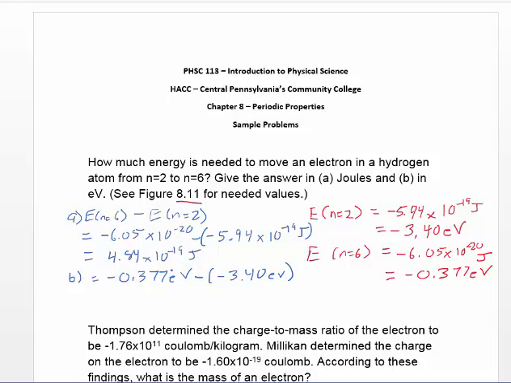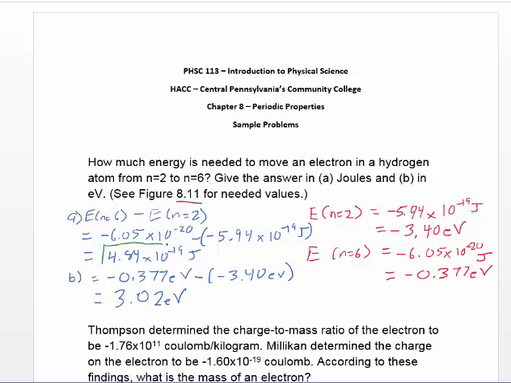Same thing, just a different unit for the energy. If we subtract those two, we find that it is equal to a positive 3.02 electron volts.